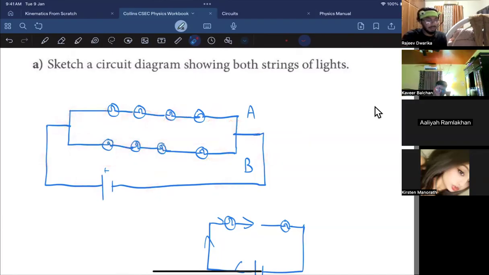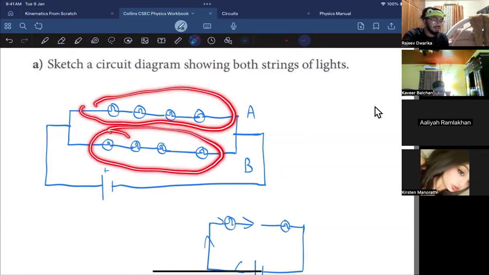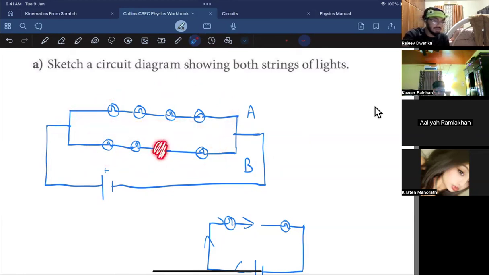Justin, let me explain that again. If a bulb blows, we have a parallel configuration, which means the current is passing through this and through this. But if a bulb here blows, or anywhere, that would create an open circuit, meaning the current wouldn't be able to pass through. Justin, you there?